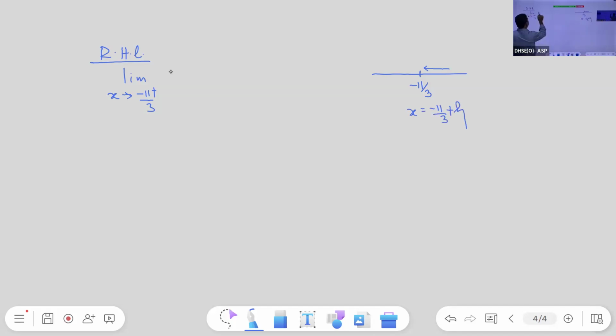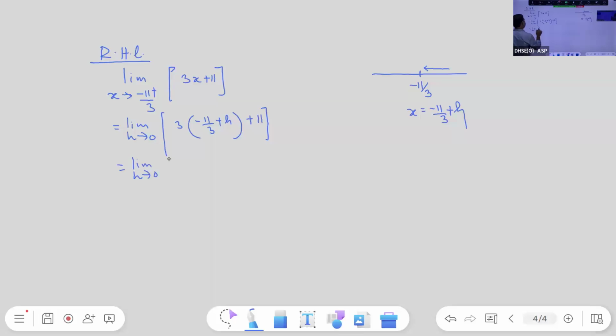Jagdish, got it? The bracket 3x plus 11 can be written as limit as h tends to 0 of the bracket value of 3 into minus 11 by 3 plus h plus 11. This is equal to limit as h tends to 0 of 3 into minus 11 by 3, which is minus 11, plus 3h plus 11.